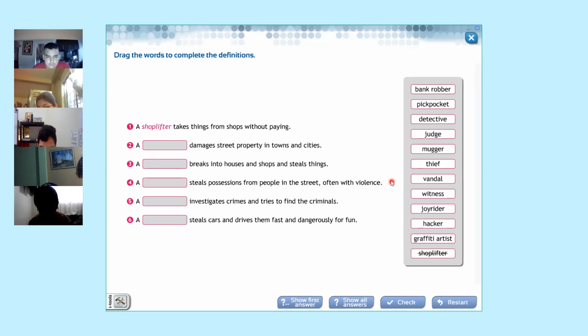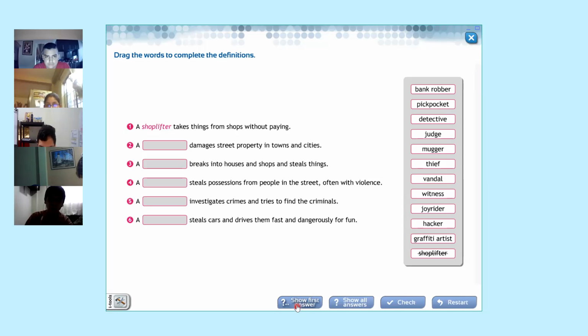Students, you can activate the microphones to help her. Which is the word that you consider is correct for that? Romina. Damages properties. Destroy the properties in the cities.